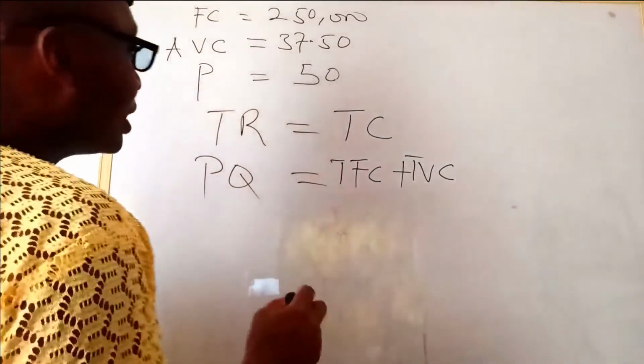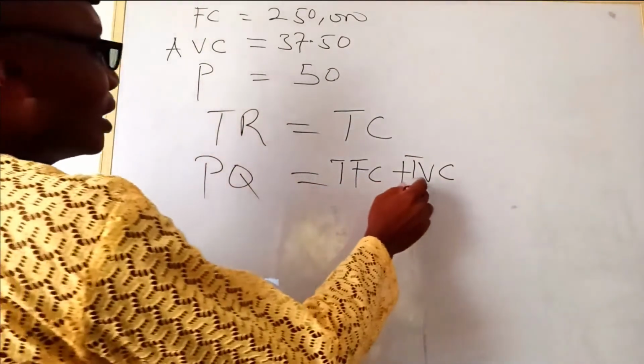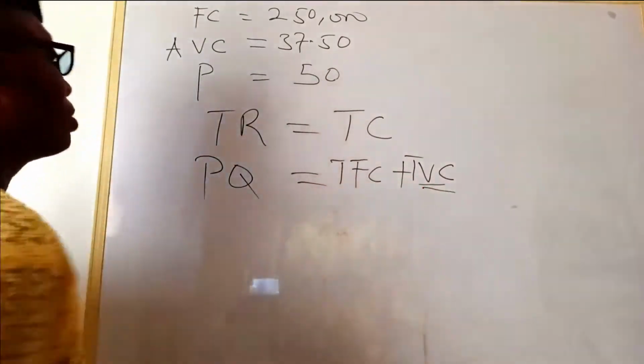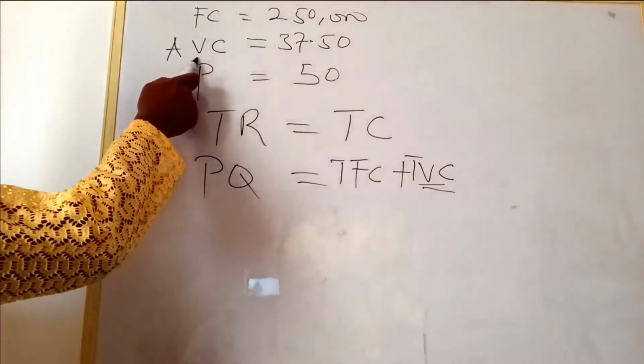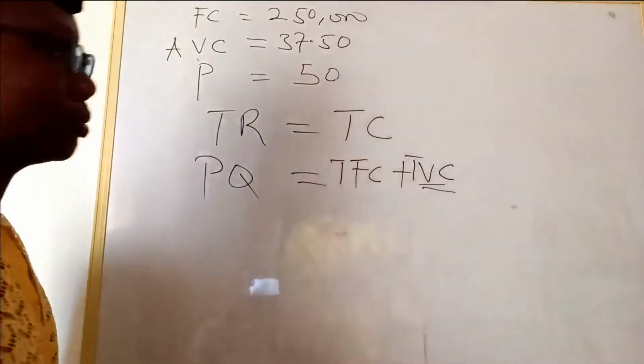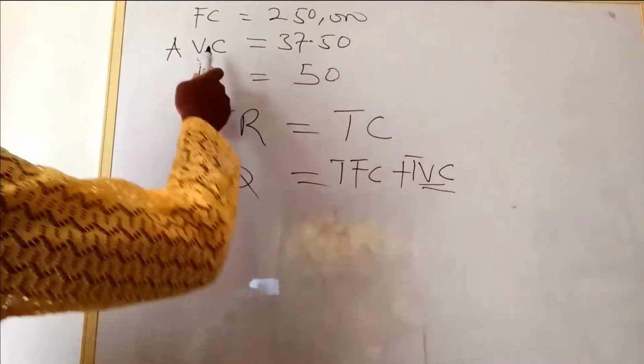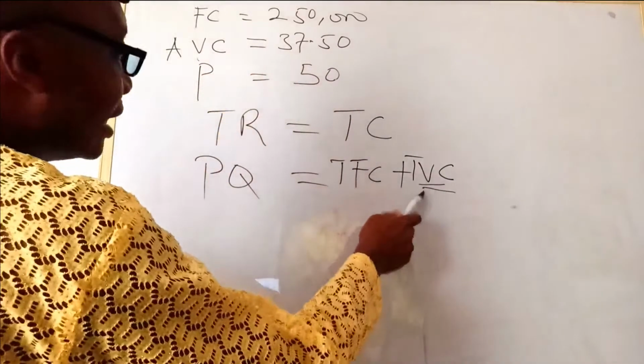But when you watch out, we were not given the total variable cost. The question says average variable cost equals this. So if average variable cost is equal to this, what then is total variable cost?